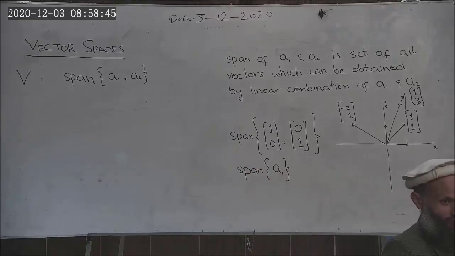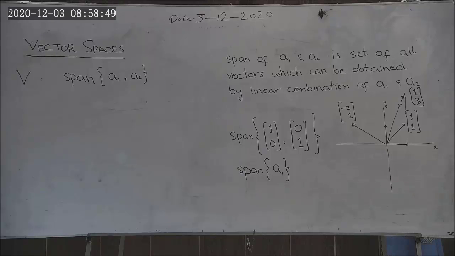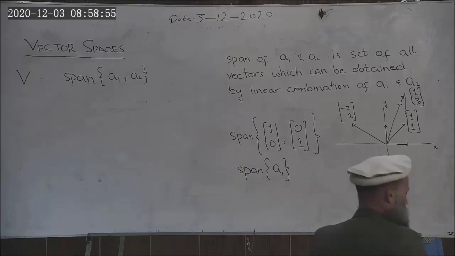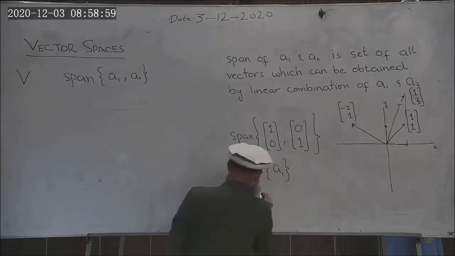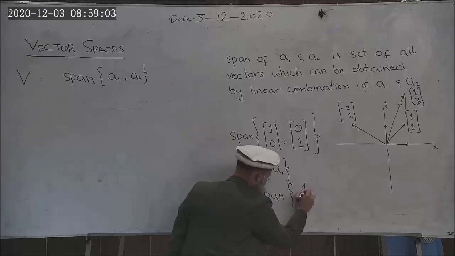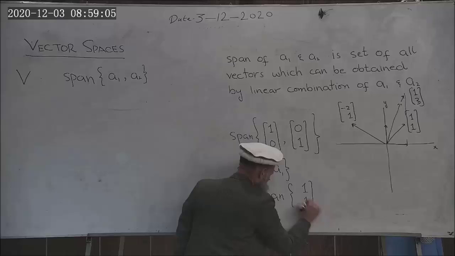If you have a single vector, then any scalar multiple will be a linear combination of this vector. So again, the set of all the vectors which can be generated from this vector. For example, what is the span of this vector?